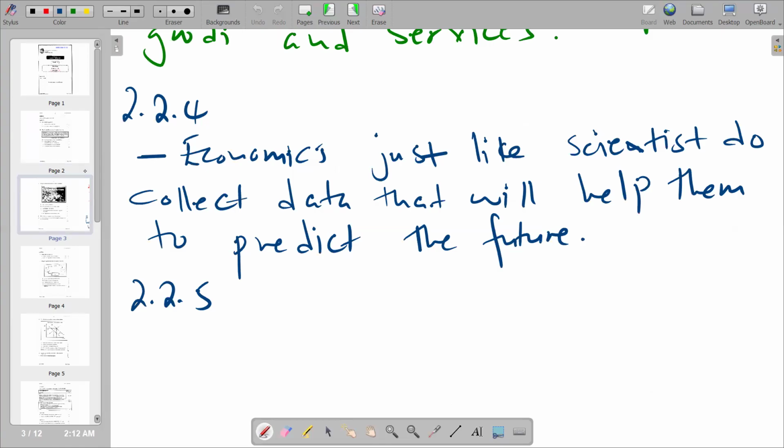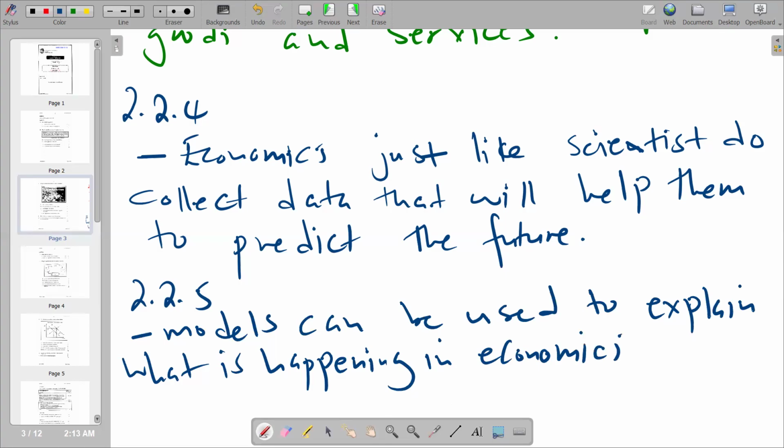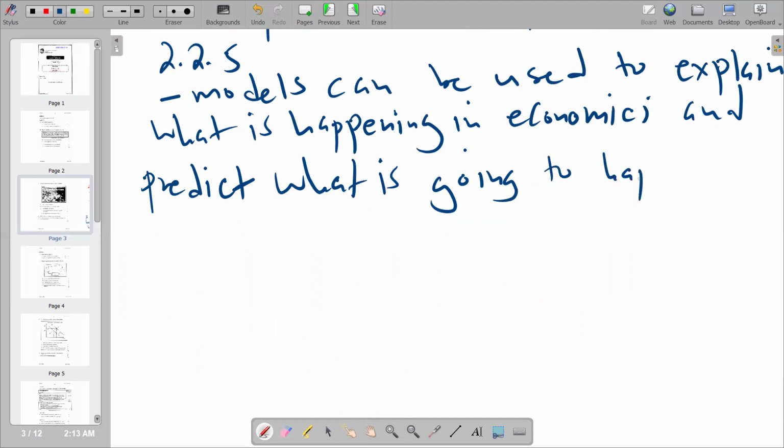On the first point, we are saying models can be used to explain what is happening in economics and predict what is going to happen next. So this is the first point that we can bring in.